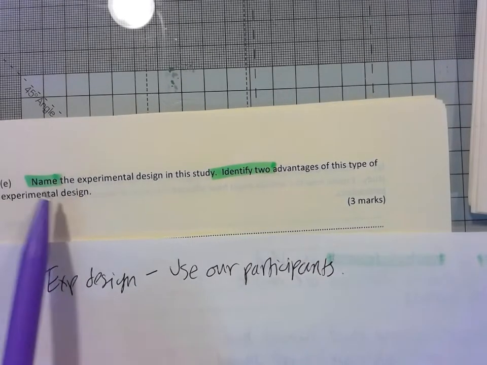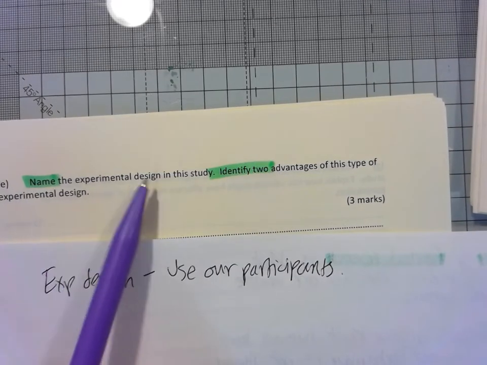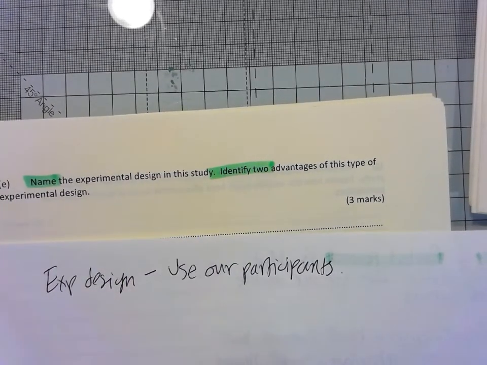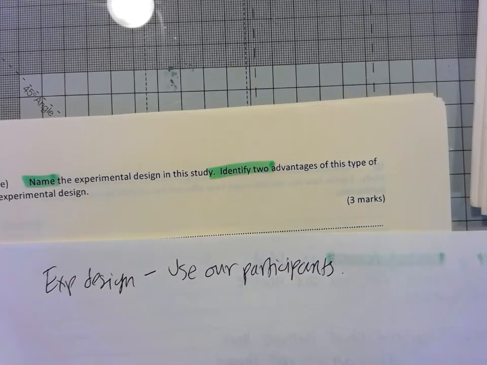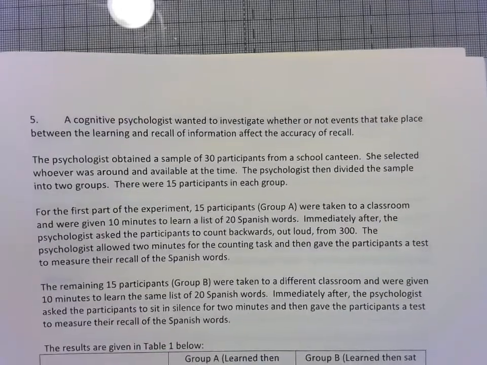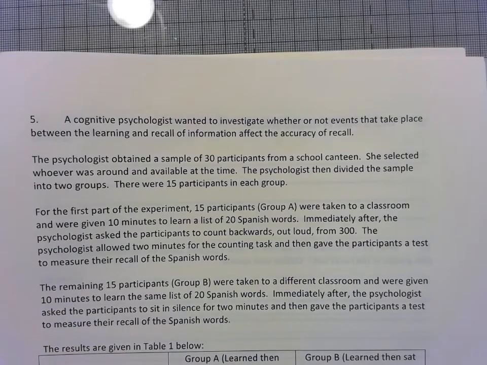So I would start off with saying the experimental design for this study is. So let's have a look at what the experimental design actually is. So look at the study. If you have a look at this study, you will see that the participants are only being used once. Okay, they're not repeating them. They are using each participant once.